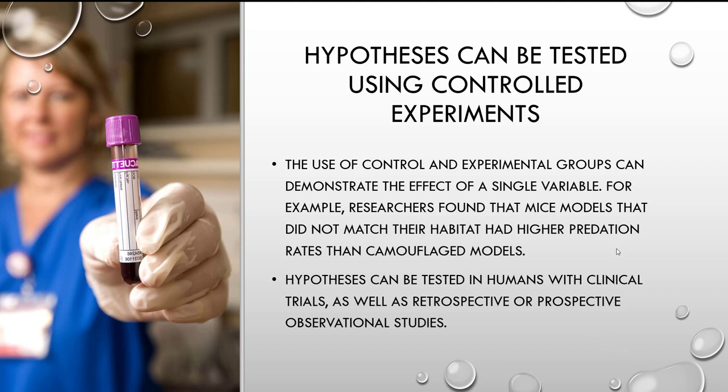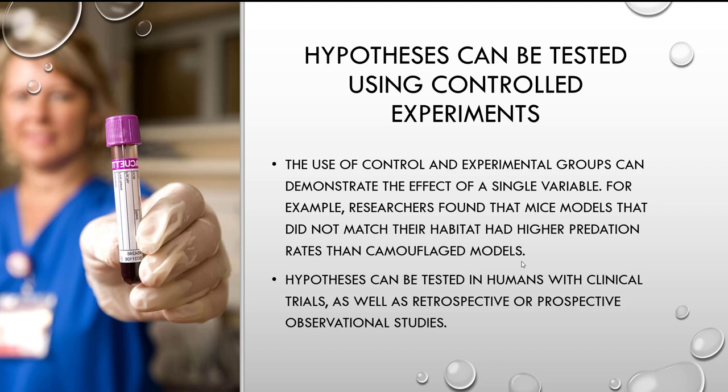So we're going to take a closer look at that. And so, for example, researchers found that mice models that did not match their habitat had higher predation rates than camouflage models. So basically, we're going to look at two types of mice, and one of them is a darker color, one of them's lighter color.